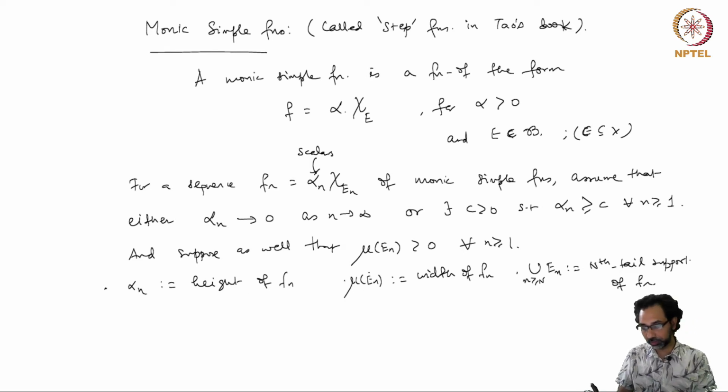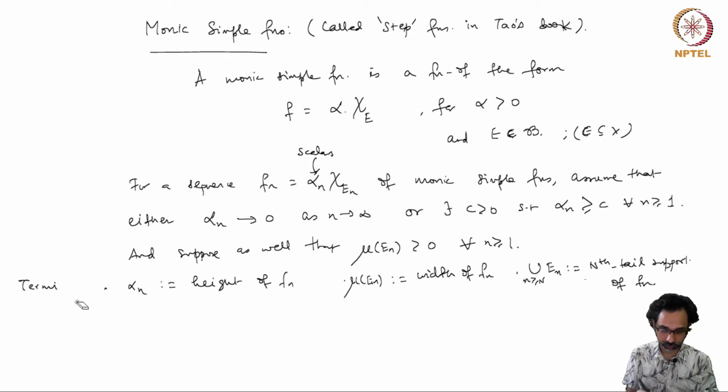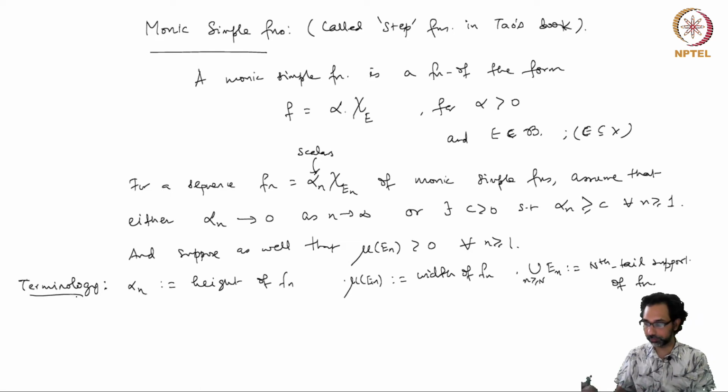The measures of the sets En are called the widths of Fn, and the union of En for n greater than or equal to some capital N is called the nth tail support of Fn. So these are just some terminology that is being used here.